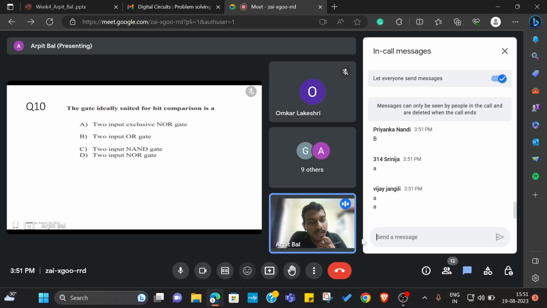Okay, can anyone tell me why it can't be option B? So yeah, the correct answer is option A for sure, but what I want you to do is reason out why it can't be option B or option C or option D. Okay, let me give out the reasoning.